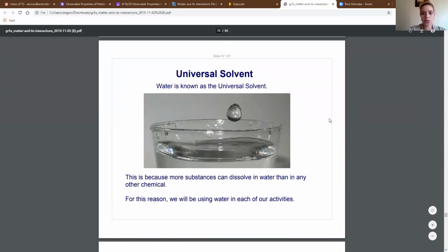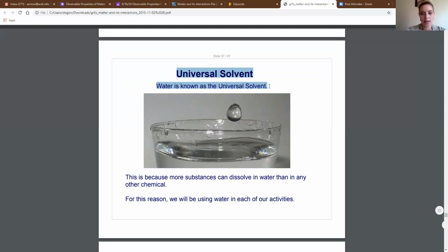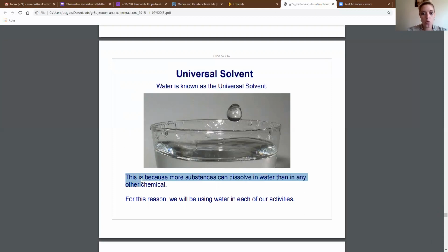All right, the last thing we're going to talk about today is something we call the universal solvent. Water is known as a universal solvent. Go ahead and take a second and write that down. Water is a universal solvent because more substances can dissolve in water than in any other chemical.